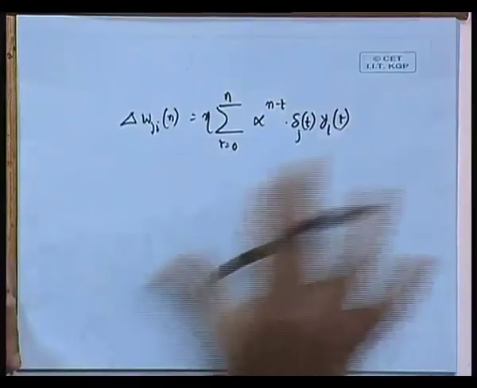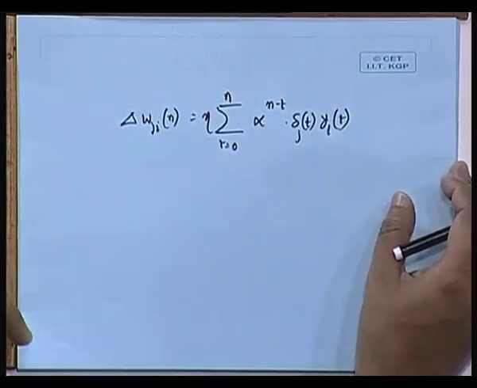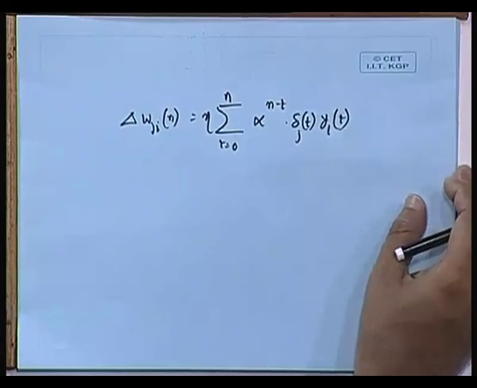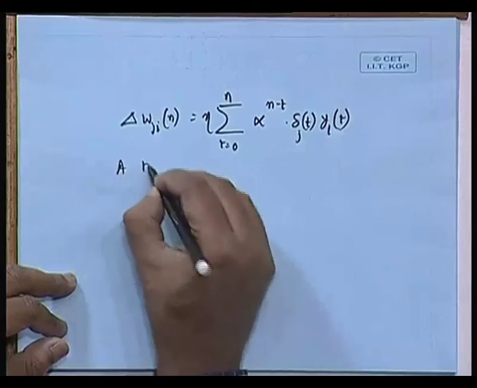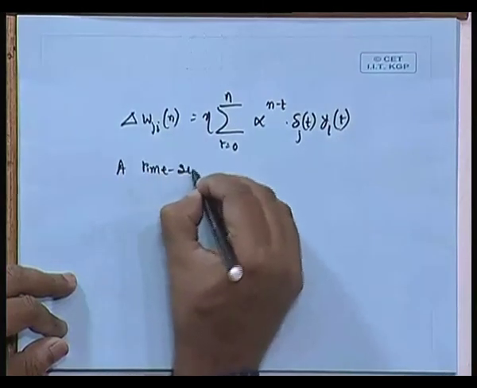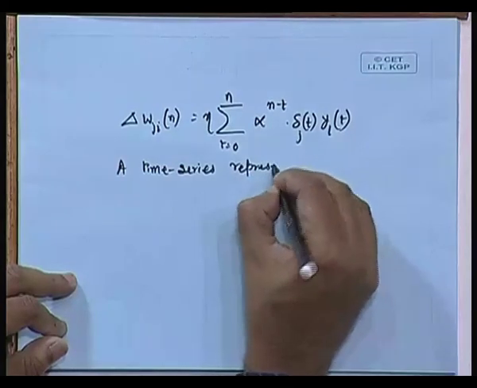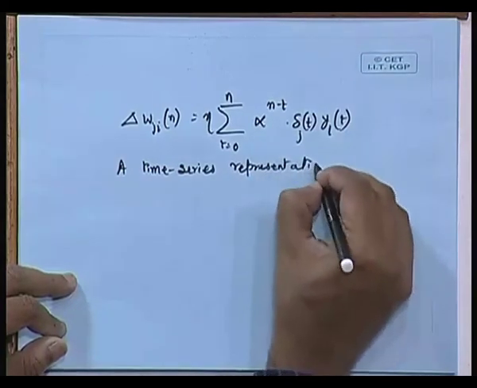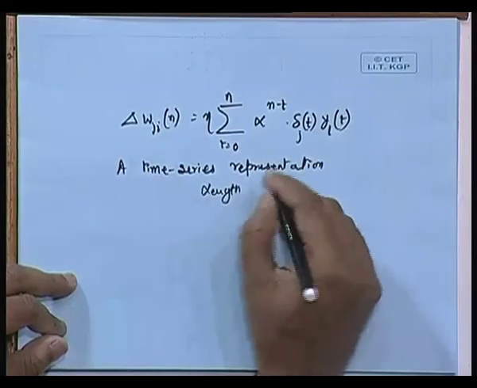So, this is a time series representation of delta w j I n. And what is the length of the time series? The length of the time series is, in this case, n plus 1.